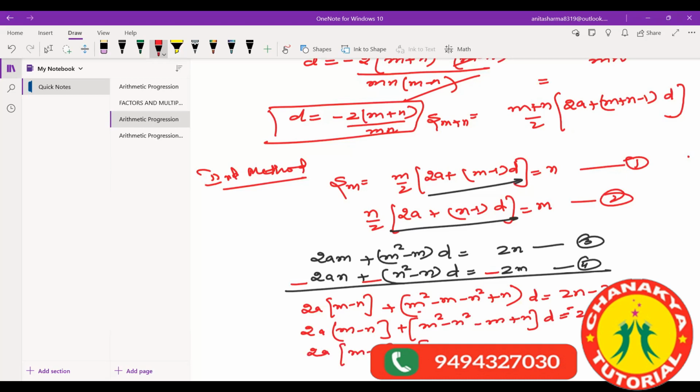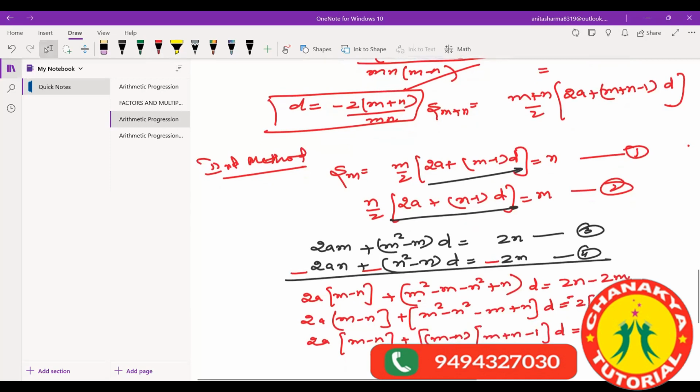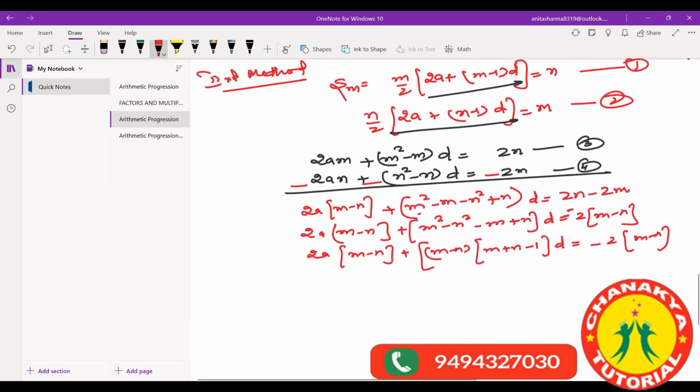Now open this. You will take m minus n common. Then it will be 2a plus m plus n minus 1 into d is equal to minus 2 into m minus n. Now you can divide both sides by m minus n. So you will get 2a plus m plus n minus 1 into d is equal to minus 2.